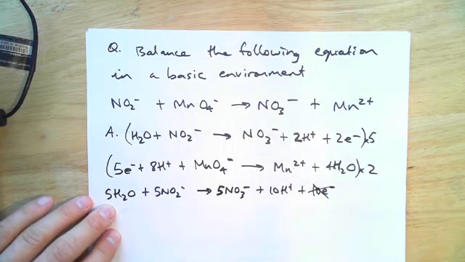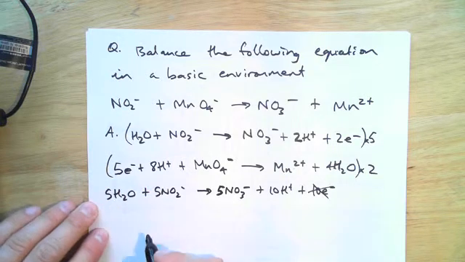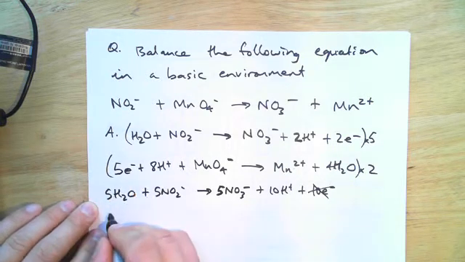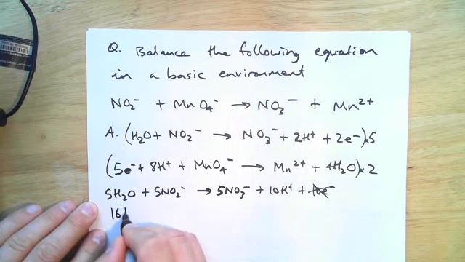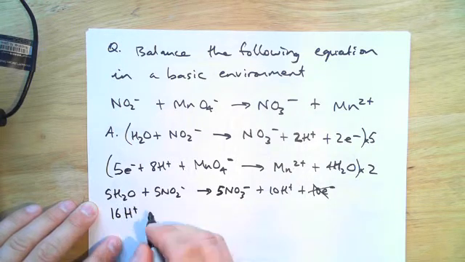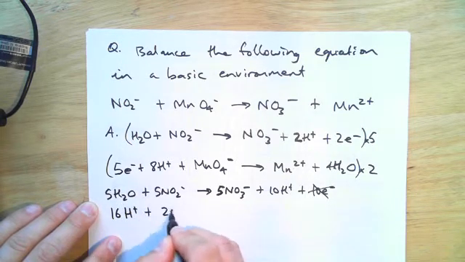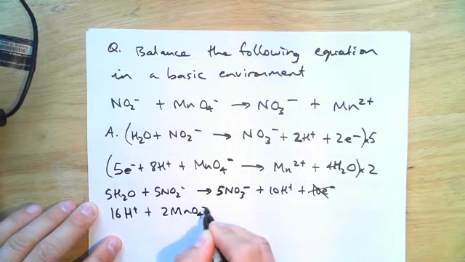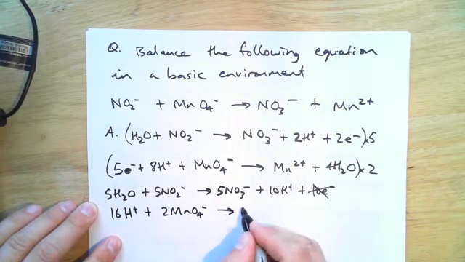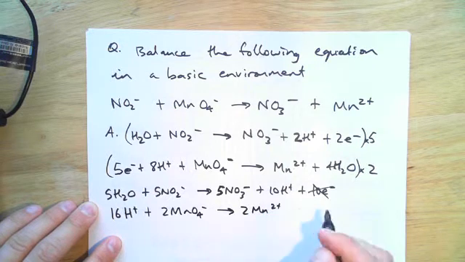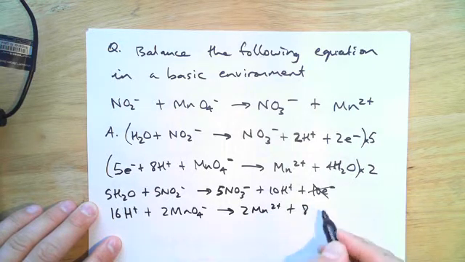I can get rid of the electrons because there'll be 10 electrons on this other side too. Okay, so for the bottom equation, the second one, we have 16 H plus 2 MnO4 minus going to 2 Mn2 plus 8 waters.